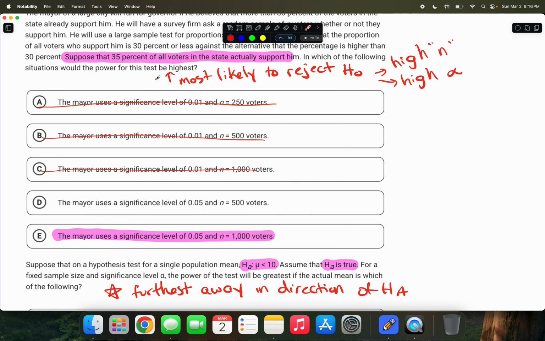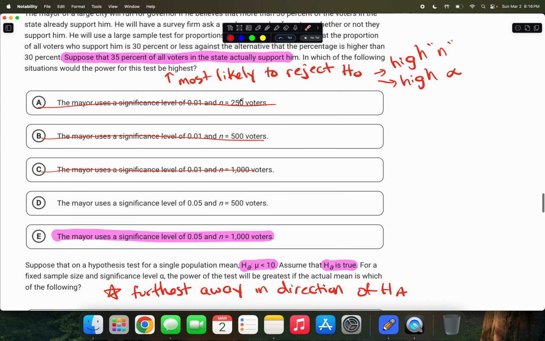A actually has the lowest power of the test. I got to be in the top 1% with the smallest sample. And the reason why we want the big sample is, again, think like law of large numbers. Bigger sample, closer to 35%.